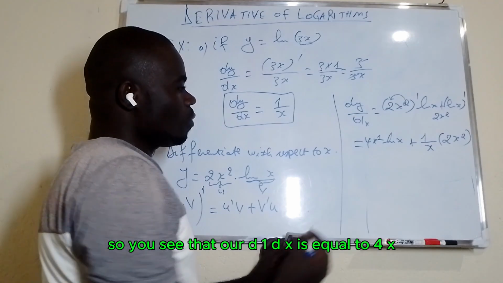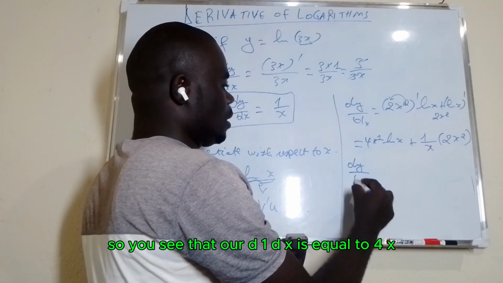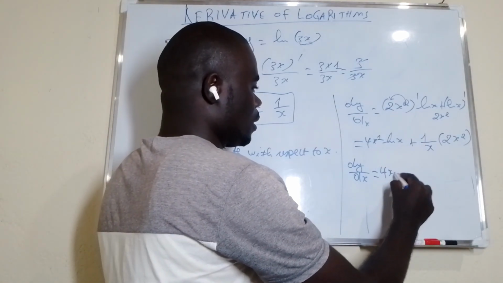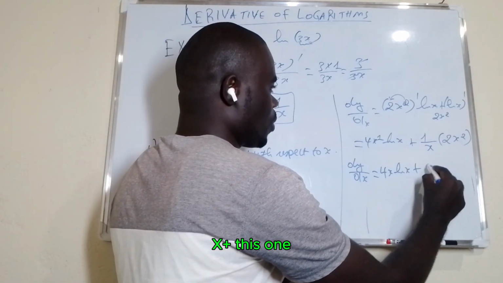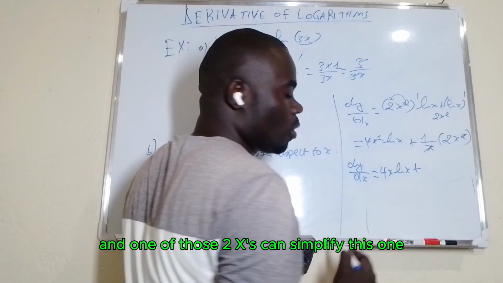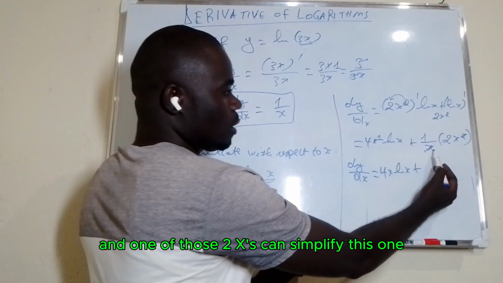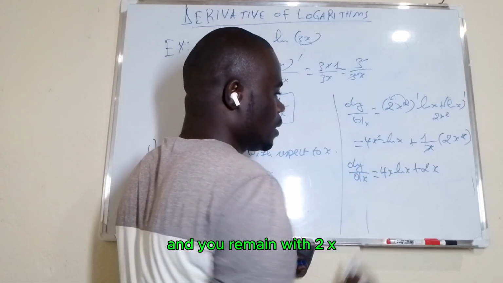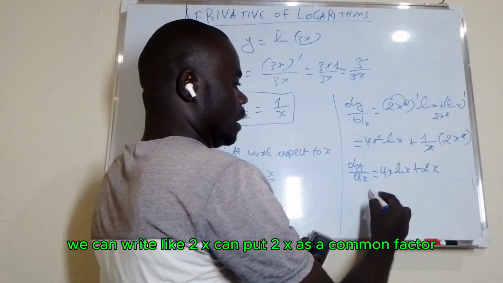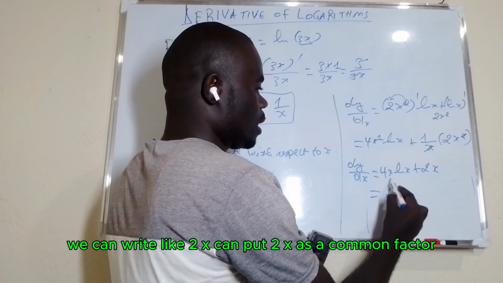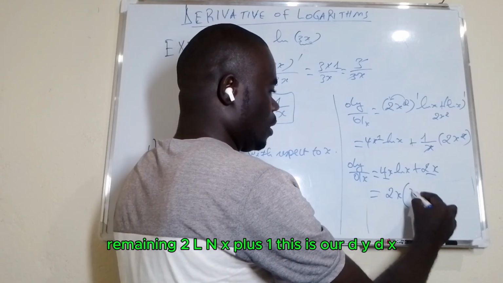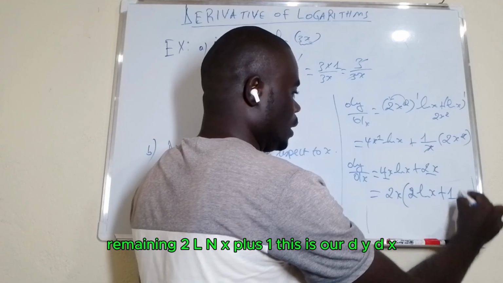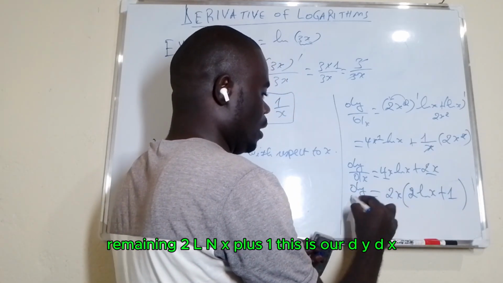So you see that our dy dx is equal to 4x ln of x plus this one, and one of those two x's can simplify, and you remain with 2x. We can put 2x as a common factor, remain with 2 ln x plus 1. This is our dy dx.